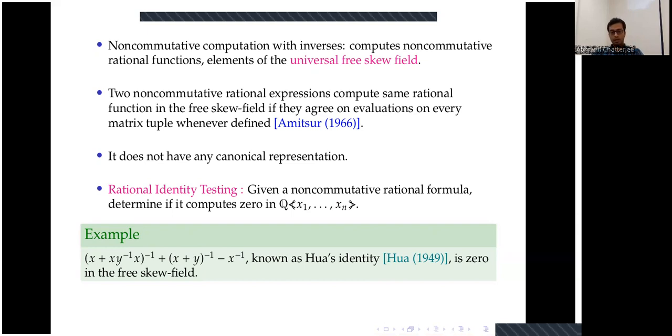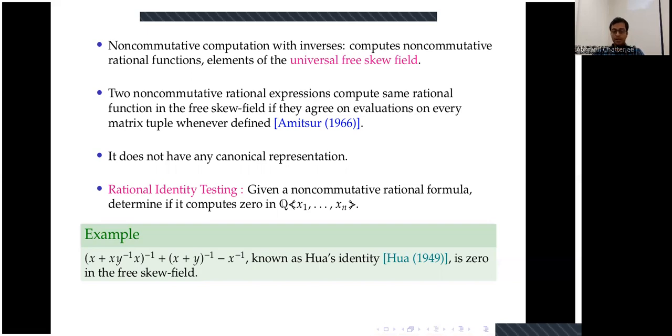Or equivalently, you can think of it like this: given such a formula, does there exist a matrix evaluation of any dimension such that if we evaluate the formula on these matrices, it will give us a non-zero value. Okay.